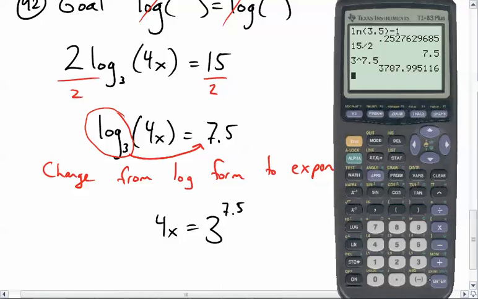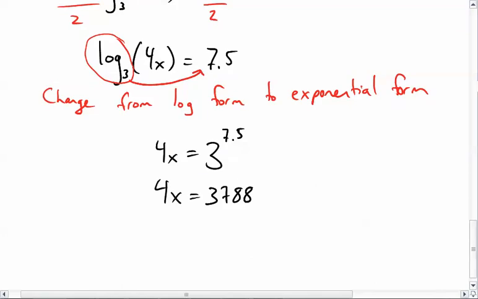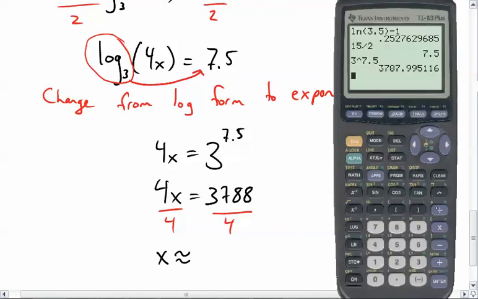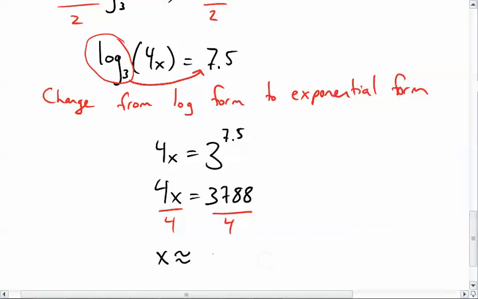That's about 3,788. Okay, now I can just divide both sides by 4. And I'll have my value for x. It's approximately 947.